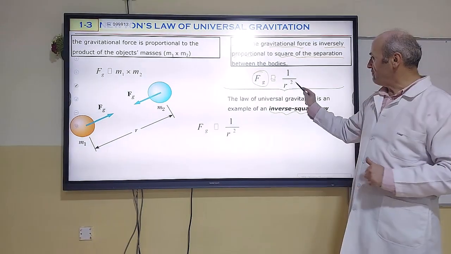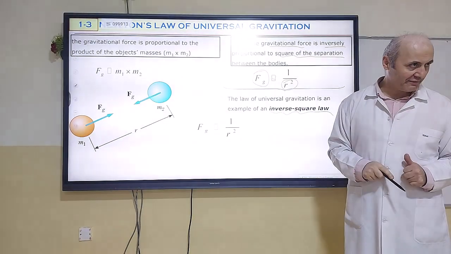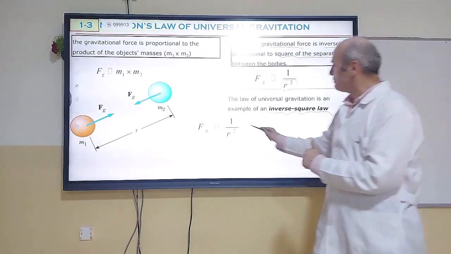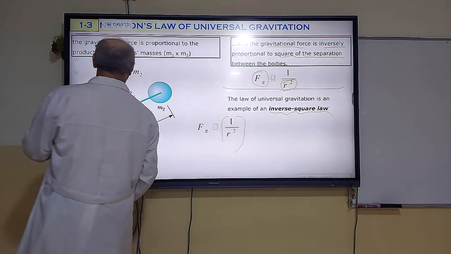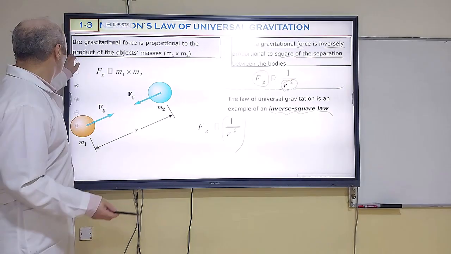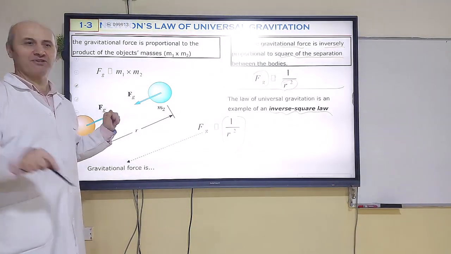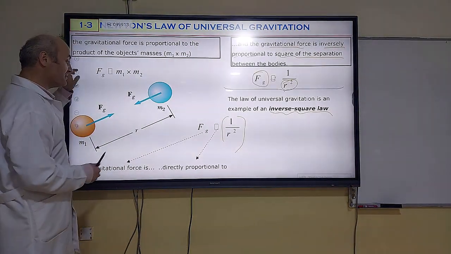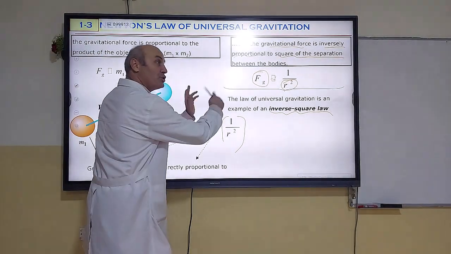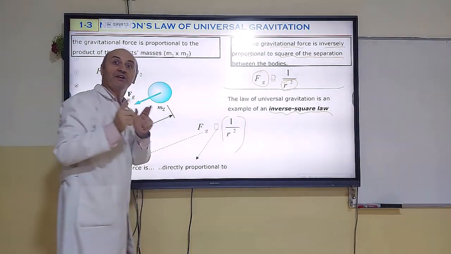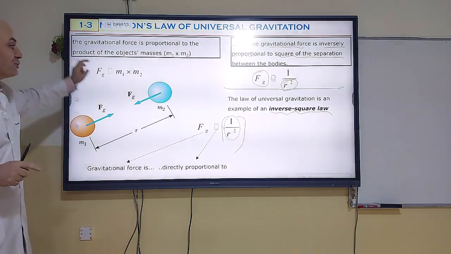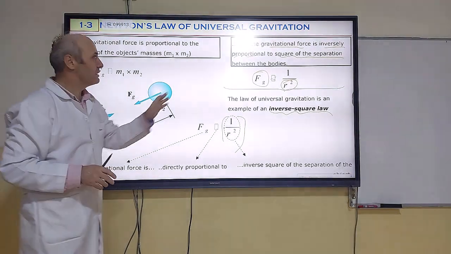F is inversely proportional to r squared, or directly proportional to 1/r squared. And 1/r squared is called what? It's called the inverse square of the separation. That's why we will write it: gravitational force is directly proportional to 1/r squared, the inverse square of the separation. These two statements are equivalent.